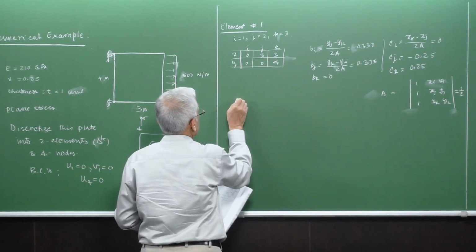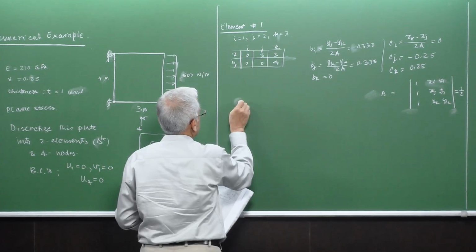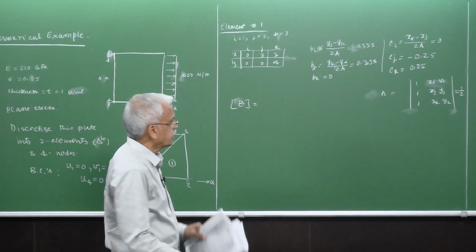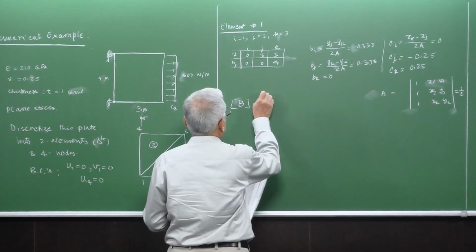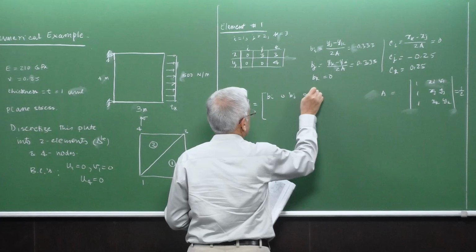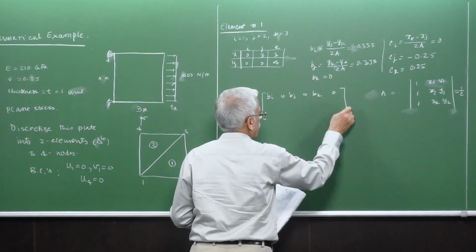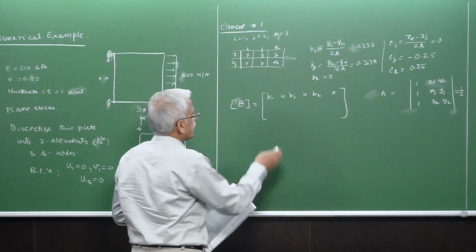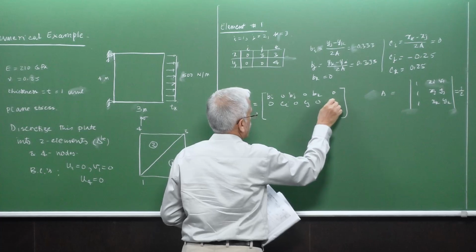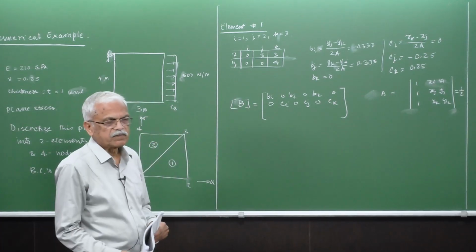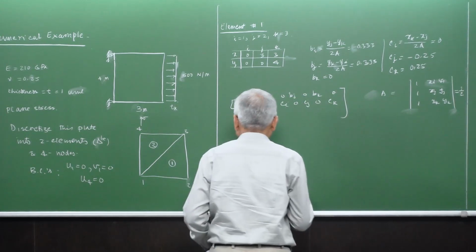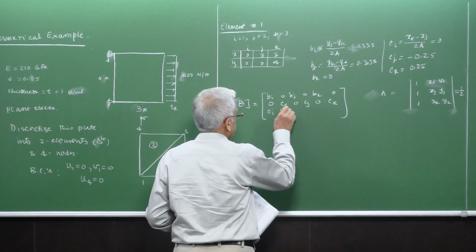So what is the B matrix, which is important here? I'll just write it for element 1. It is bi 0, bj 0, and so on. B is the relationship between strain and the nodal displacements, with ci, bi.